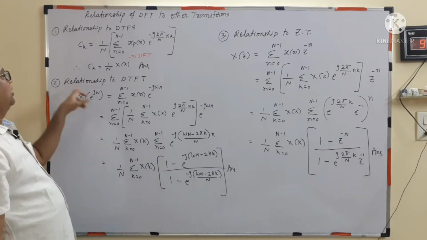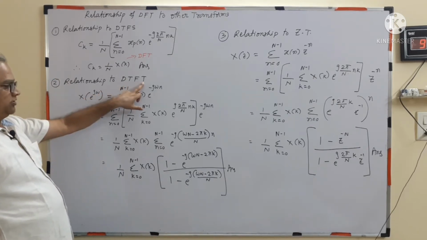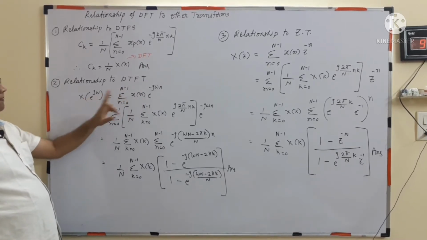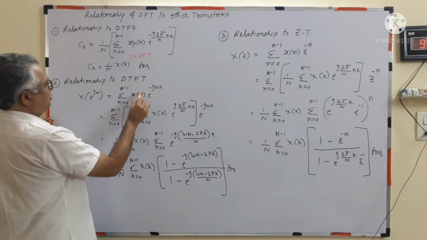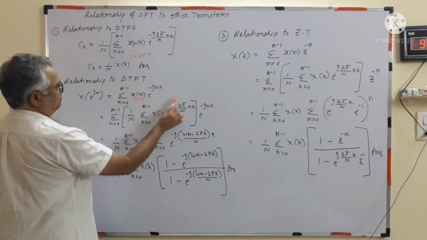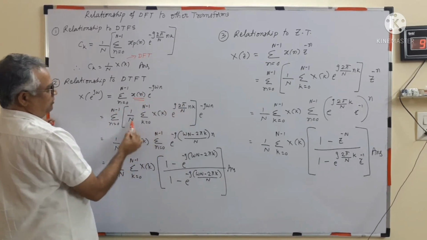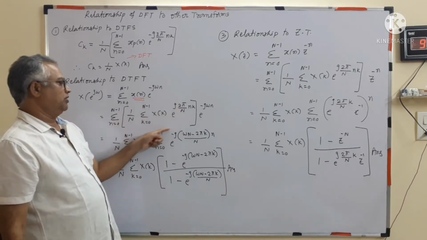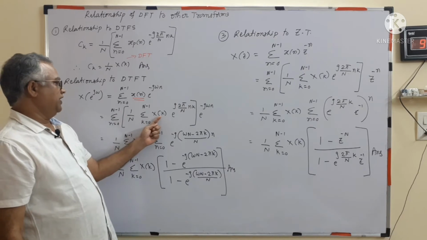Next, how is DFT related to the discrete time Fourier transform? This is the Fourier transform formula. But here x of n is replaced with the IDFT formula, so X of k comes in.